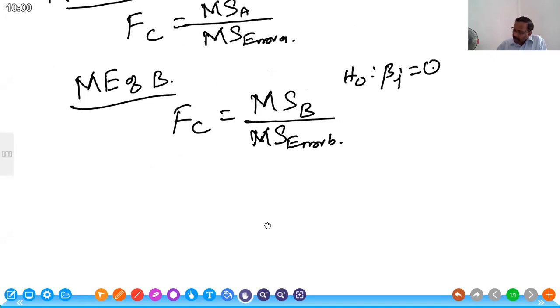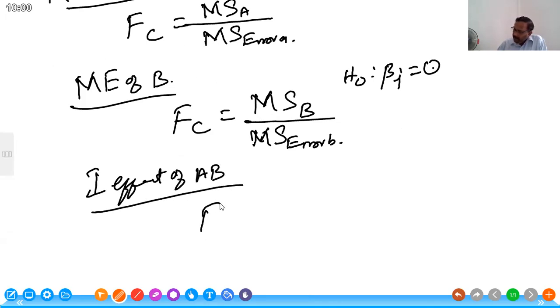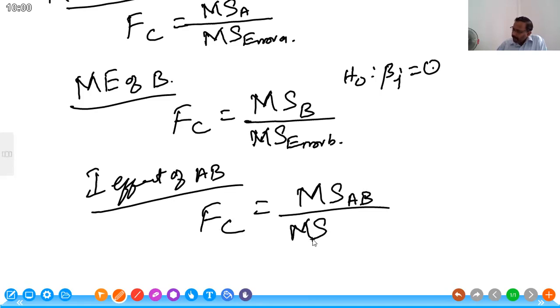Then the third one, the interaction effect AB. The calculated value is mean square of interaction AB divided by mean square of error B.